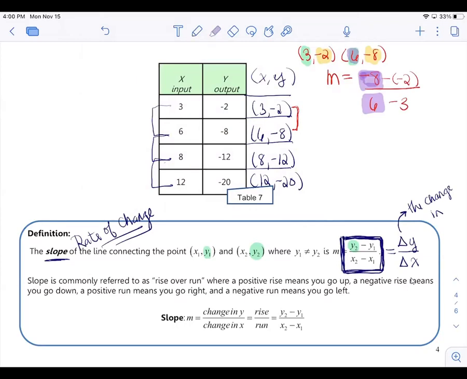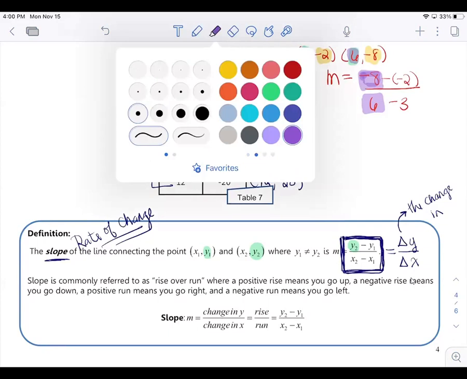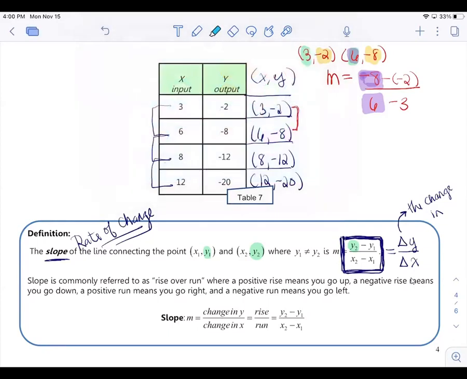So what I'm saying there, I'm a little nervous that it wasn't clear, is that these have to be from the same coordinate and these have to be from the same coordinate. Otherwise, you're making up a new formula. The other key thing is the formula says y divided by x.